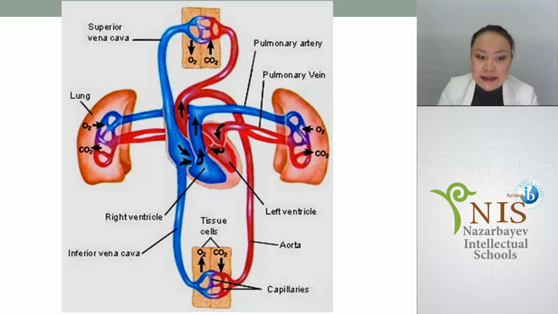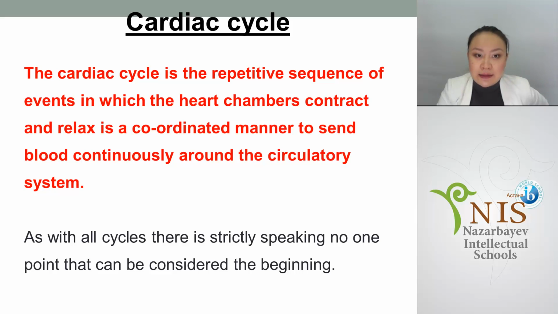First of all, I would like to say that in our body we have 2 types of circulation. In Russian we call it big and small circulation, but in English it is a little bit different. Now look at the cardiac cycle.